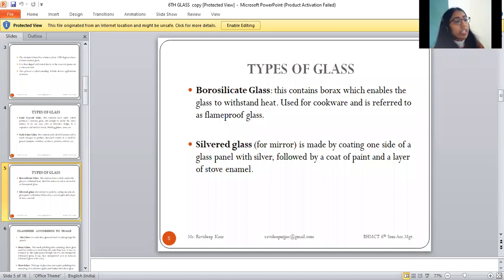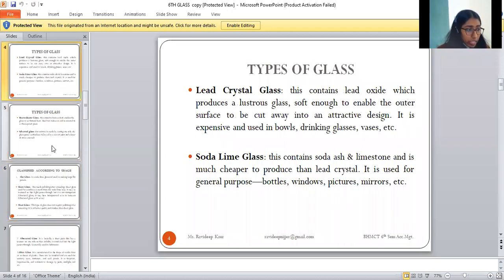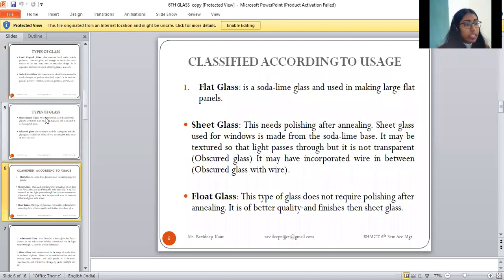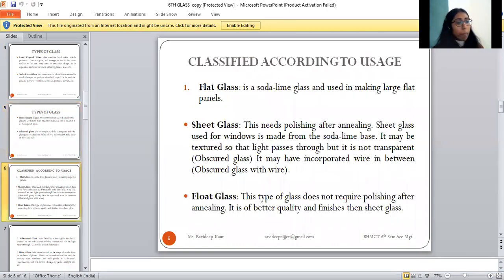So these were the types of glasses which we have. The first category provides us balls, drinking glasses, and vases. The second provides us bottles, windows, the next category provides us cookware, and the last provides us mirrors. So these were the types of glasses.